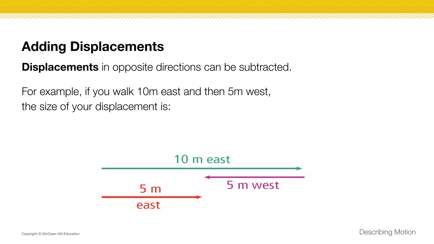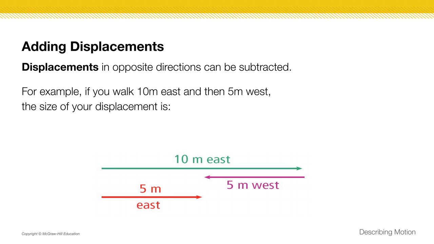So now look at this one. Let's say that you walk 10 meters east and then 5 meters west, right? So you walked a total of 15 meters. That would be your total distance. However, remember, displacement is just worried about the change in position. So where did you start and where are you now?